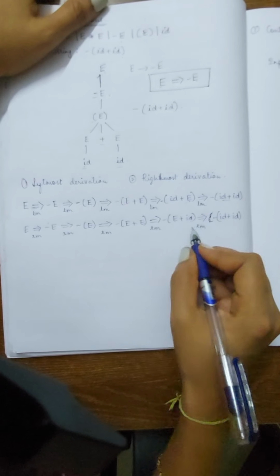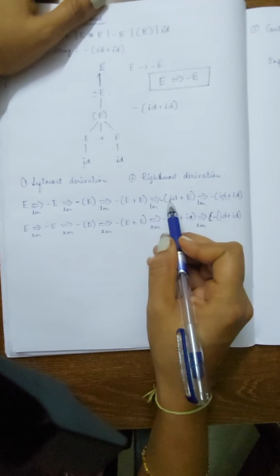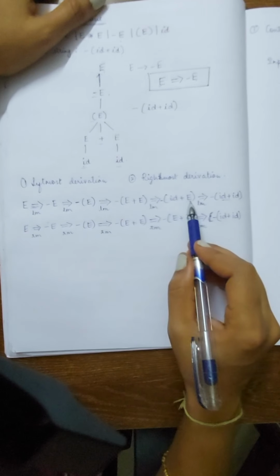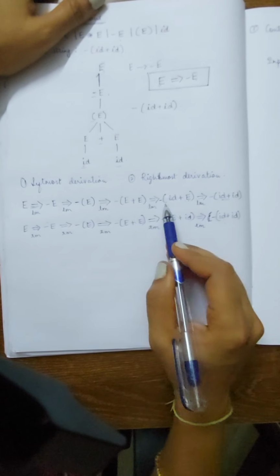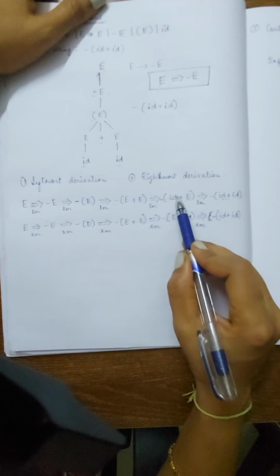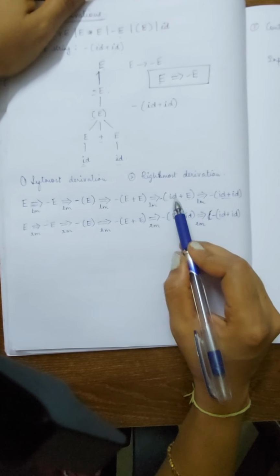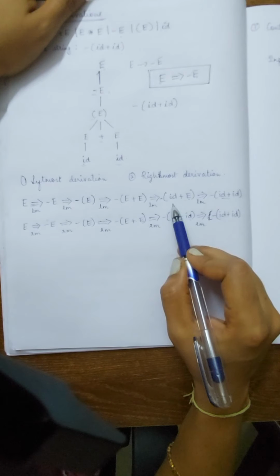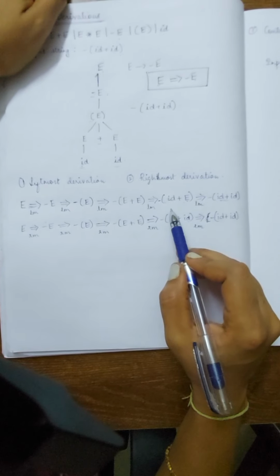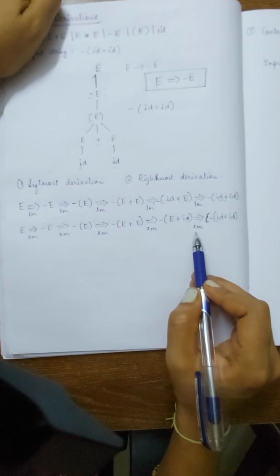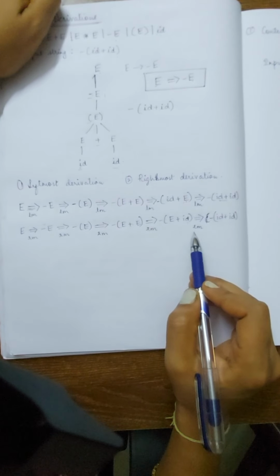So this is the difference between rightmost derivation and leftmost derivation. In leftmost derivation, if you observe, we have started to replace the value of non-terminal from the left side. So it is a kind of top-down parse tree that is being used, and in the rightmost derivation we will be using bottom-up parse tree, which we will learn later.